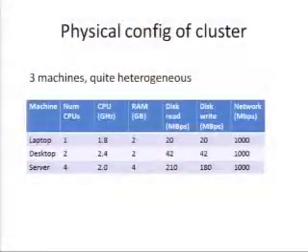In the results I'm going to show in a minute, we are using a very small cluster of just 3 machines, a laptop, a desktop, and a server, and they're reasonably diverse. Not massively, but it's hard to get a really massively heterogeneous cluster. But I think this is probably representative of the kind of thing you might want to use here.